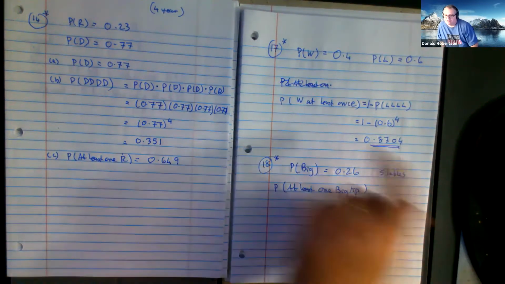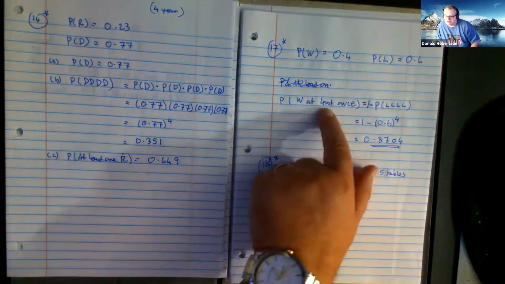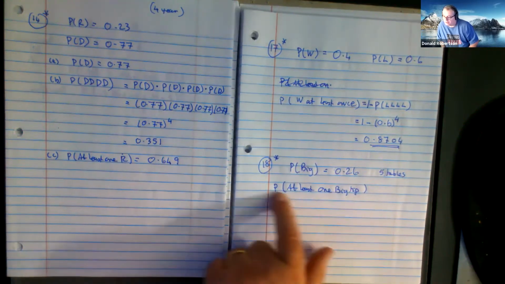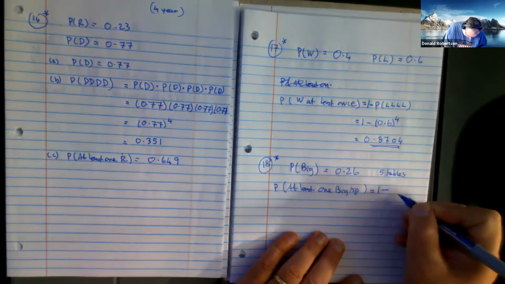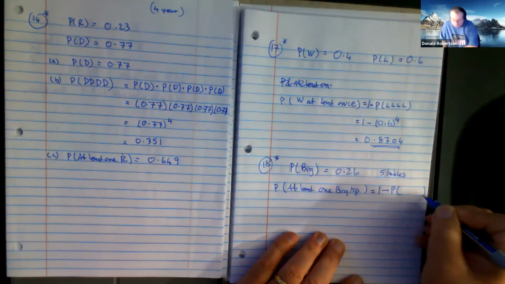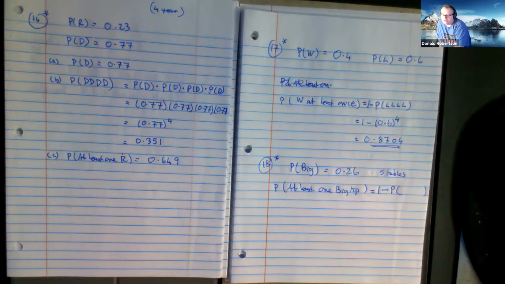So it's kind of like this question, isn't it? We're being asked to find the at least one guy. So I'm going to do 1 take away the opposite of that. Okay, what's the opposite of getting at least one big tip? Was it 0.74?